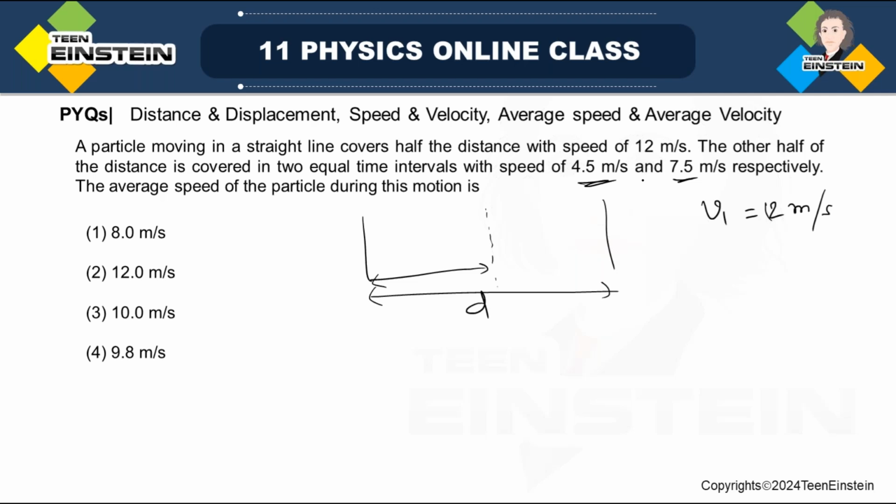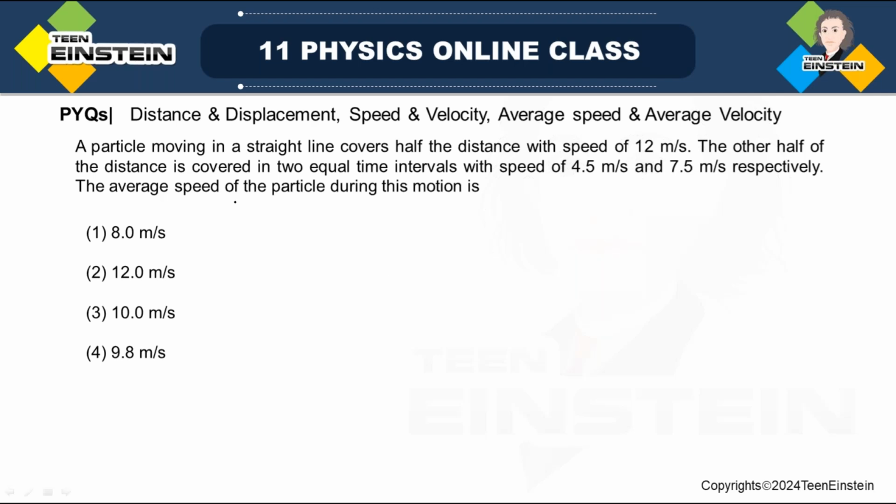Okay, let us try to solve this problem. Half of the distance, d by 2, is traveled with this speed. The other half of the distance is traveled in equal intervals, with speeds of 4 meters per second and 7.5 meters per second.